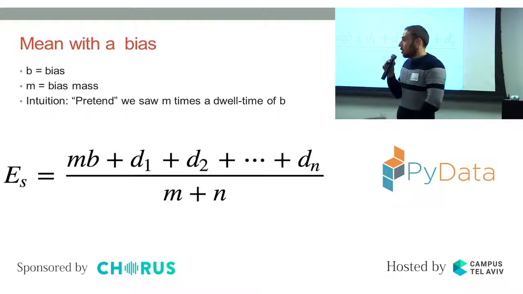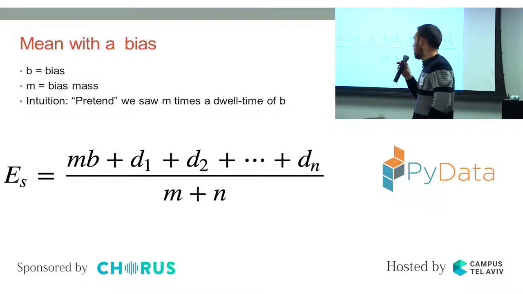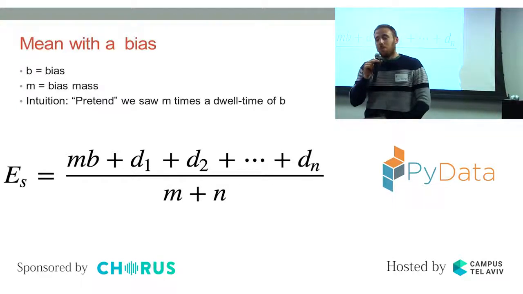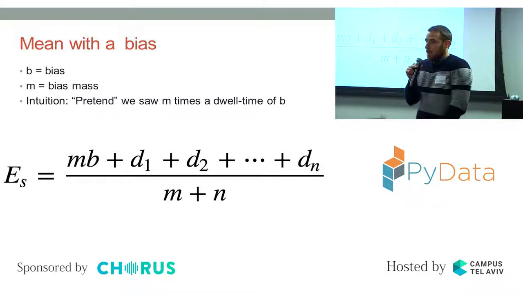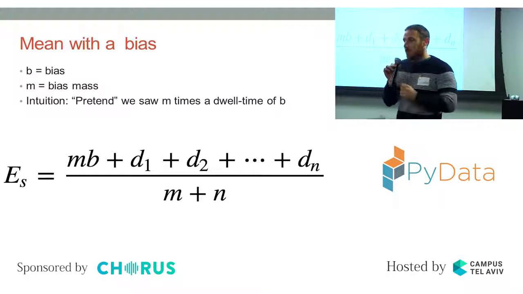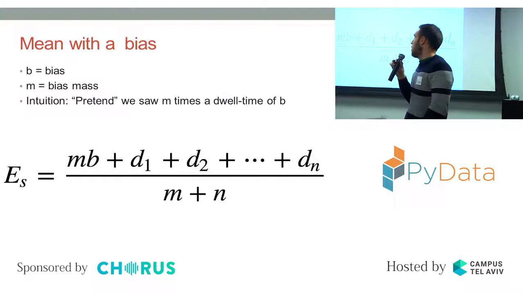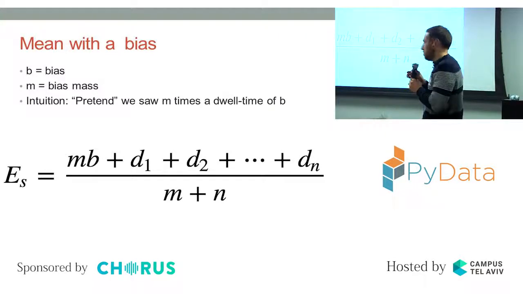Here we introduce prior knowledge in the form of pretend visitors. For example, B is our bias. We can calculate the overall dwell time across all other websites, or any other bias that we want. And M is the mass of the bias. I imagine that we saw M users who stayed on the website for B time. With this assumption, I can apply the previous solution without any problem. Just average them out.